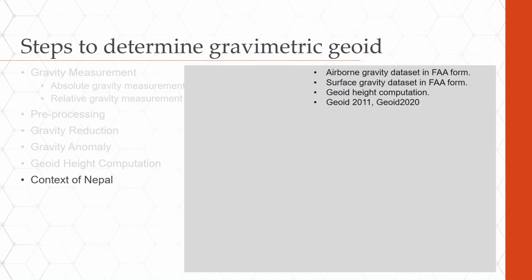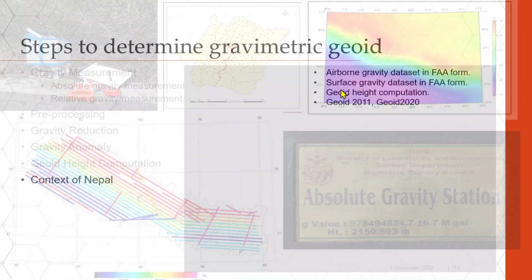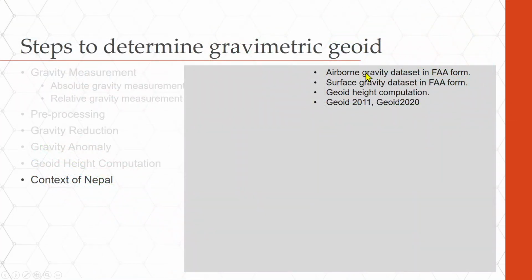So in the context of Nepal, we have an airborne gravity dataset developed and stored in free air anomaly form. We also conducted a surface gravity survey and stored that dataset also in free air anomaly form. So these are the gravity anomaly data, and we use that gravity anomaly data to compute the geoid.